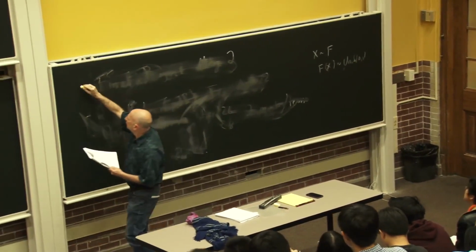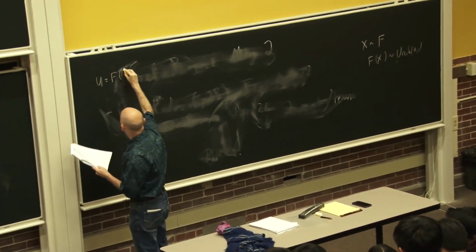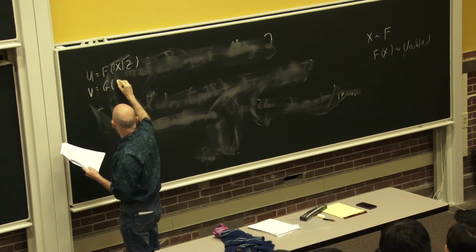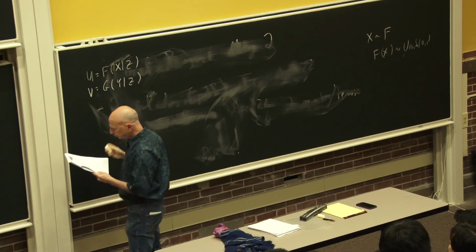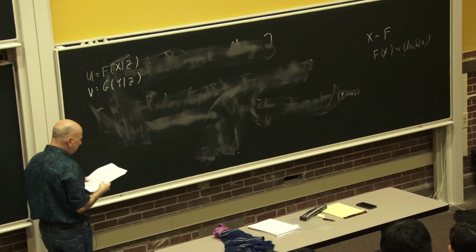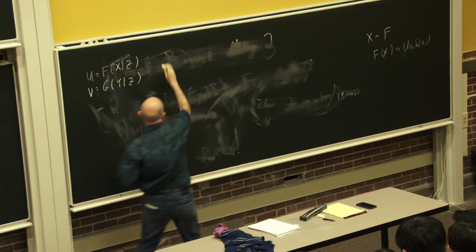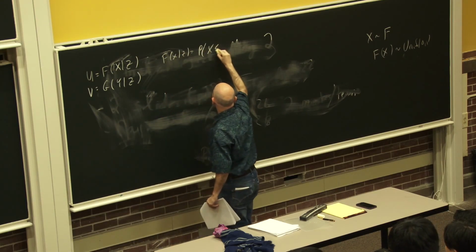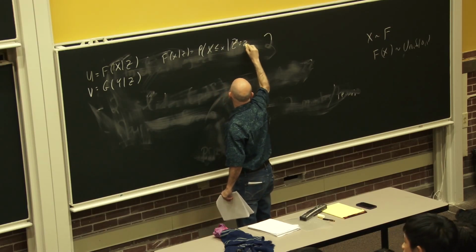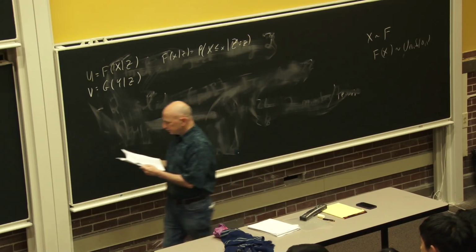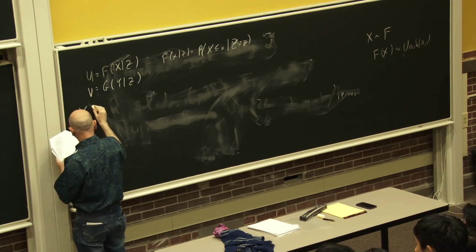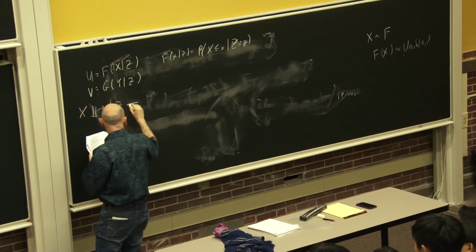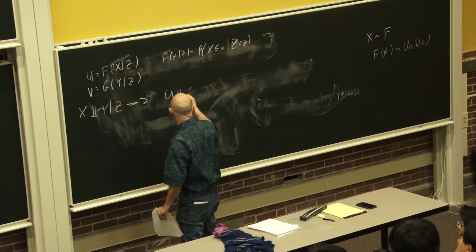If I look at the CDF of x given z and the CDF of, let's call it G of y given z, so what is F of x given z? I just mean here the usual CDF, the probability that X is less than or equal to x given Z is equal to z. Then he showed that if x and y are independent given z, that implies that U and V are independent.